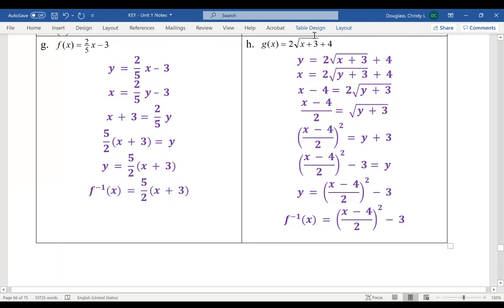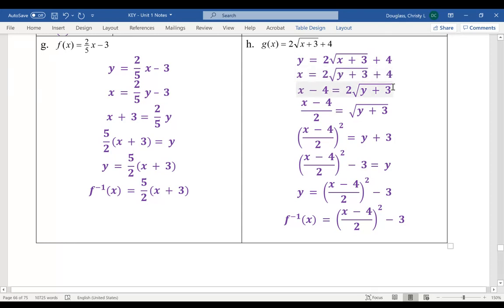Let's try g of x. I begin by rewriting my function with y instead of g of x, because g of x is just the y value. In the next step, I switch x and y. In place of y, I put x, and in place of x, I put y. Now I will work to isolate my y value. First, I subtract 4 from each side.